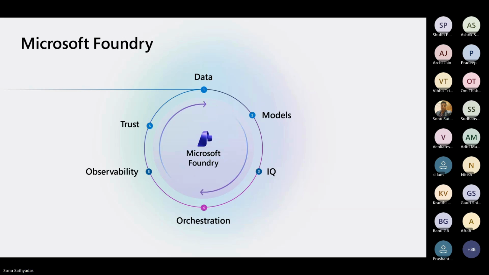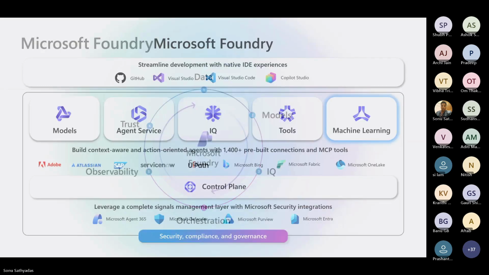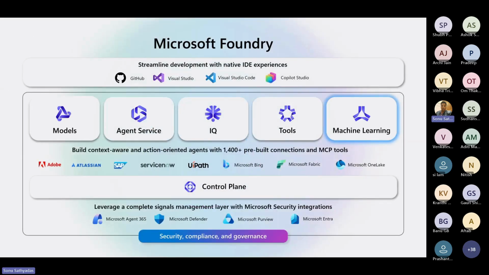So overall, Microsoft Foundry is providing a platform for building safe and secure generative AI solutions on Azure. This will give you the complete list of services and features offered by Microsoft Foundry.